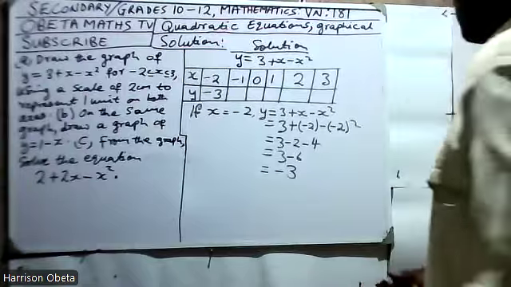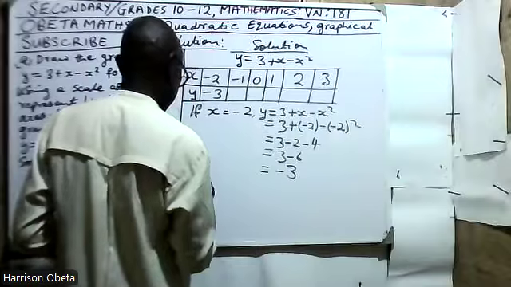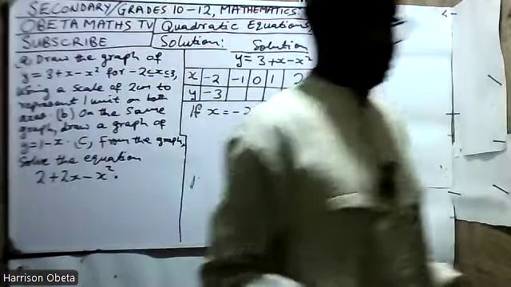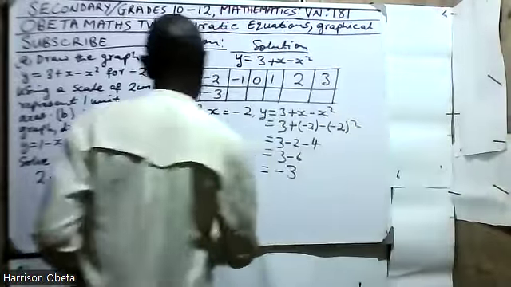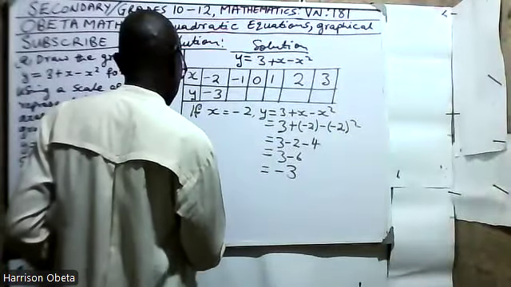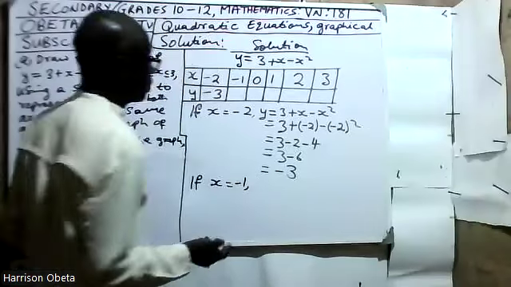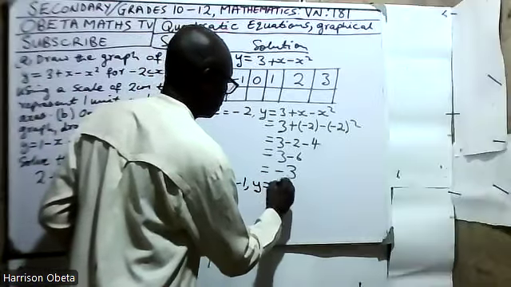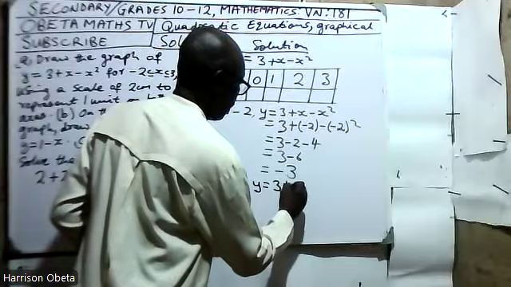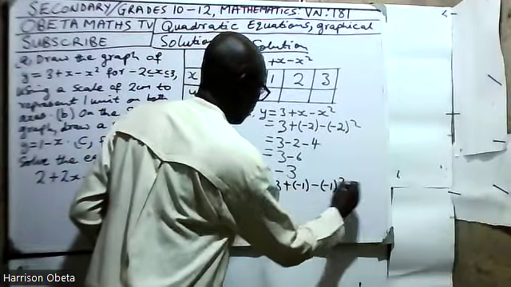We go over to the other one. Now, if x is equal to minus 1, follow the same way. y is equal to 3 plus minus 1 minus minus 1 squared.